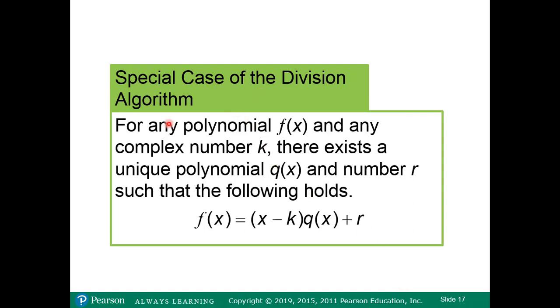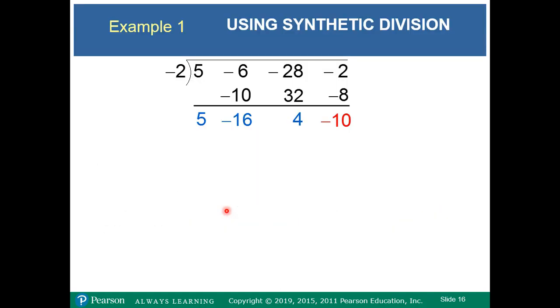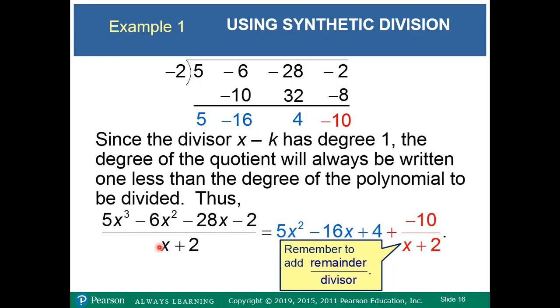Now the special case of the division algorithm is that for any f of x and any complex number k, there exists a unique polynomial q of x and a number r of x such that the following holds. We can rewrite f of x as x minus k times q of x plus r of x. All we're really doing is taking this and multiplying everything by the divisor.